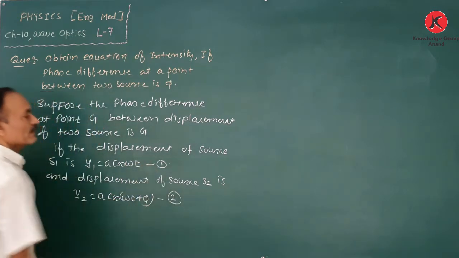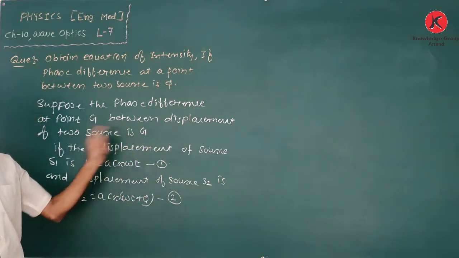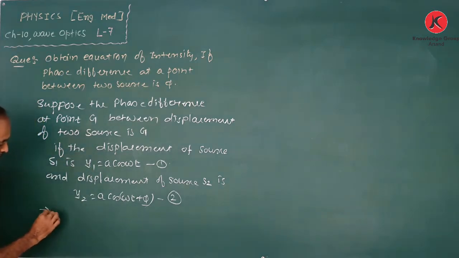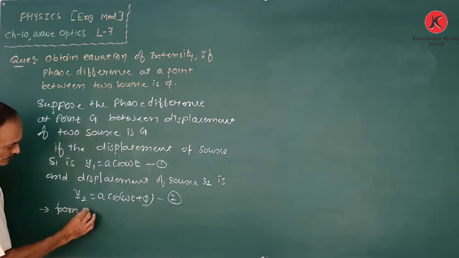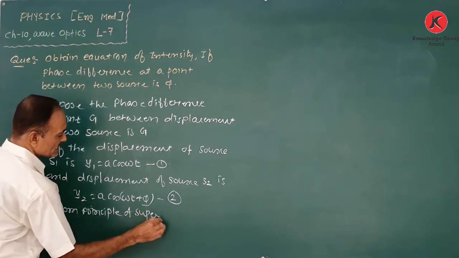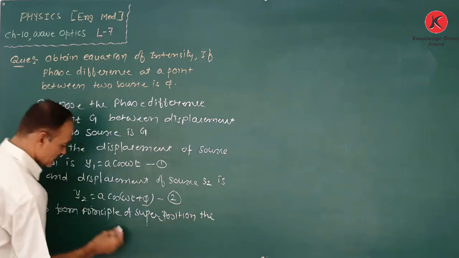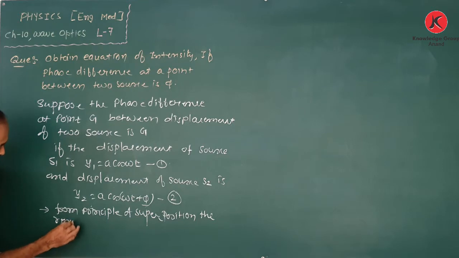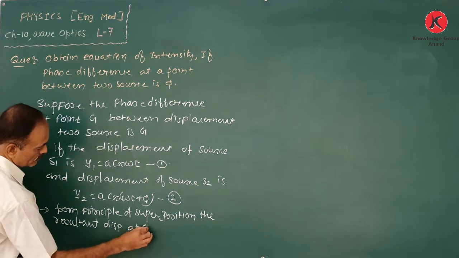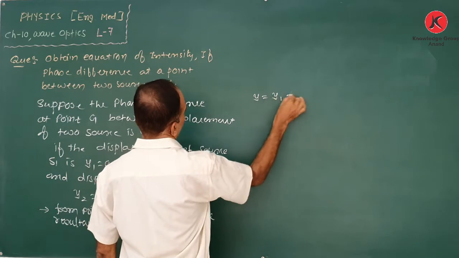Here we get phi because the phase difference between the displacements of these two sources is phi at the given point P. Now, from the principle of superposition, the resultant displacement at P is y equal to y1 plus y2.